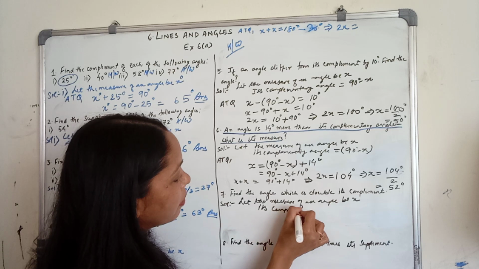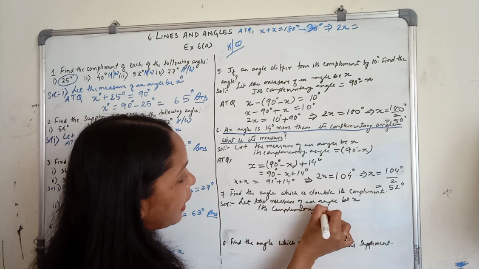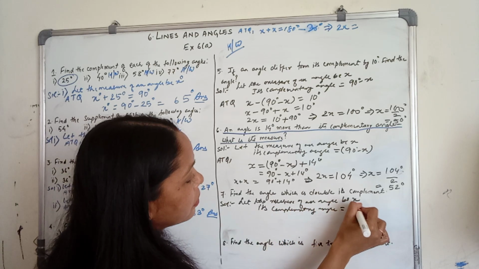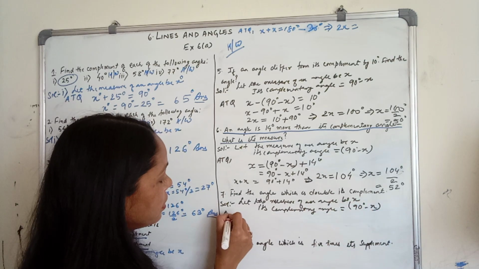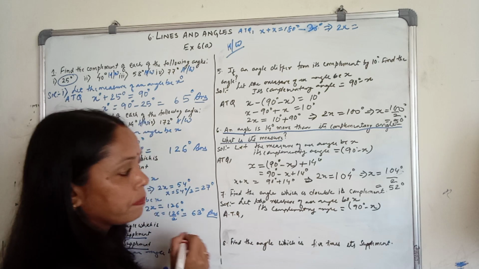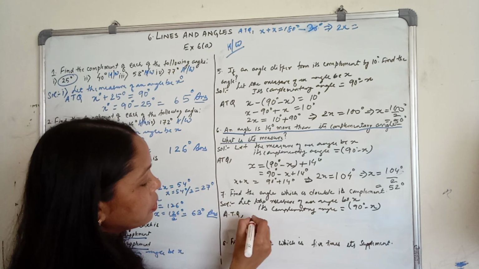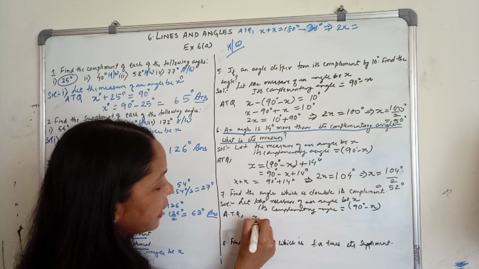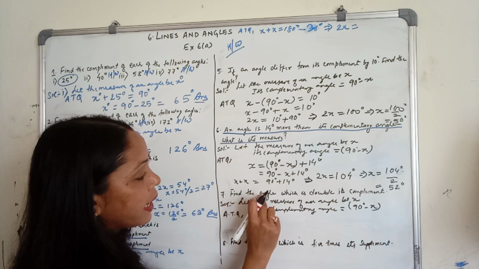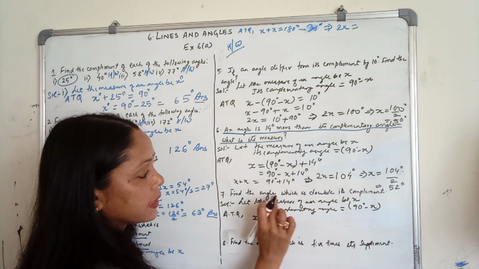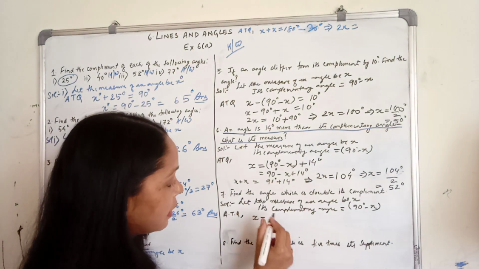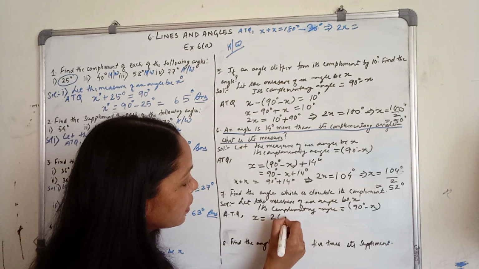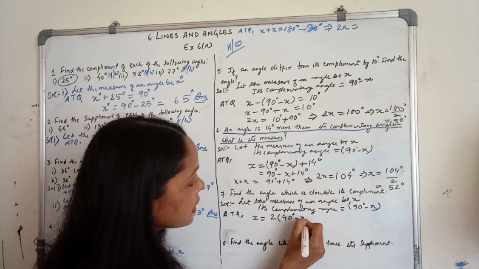Its complementary angle is equal to 90 degrees minus x. According to the question, x is equal to, find the angle. What is the angle? x, which is double its complement. Double means 2 into 90 degrees minus x.